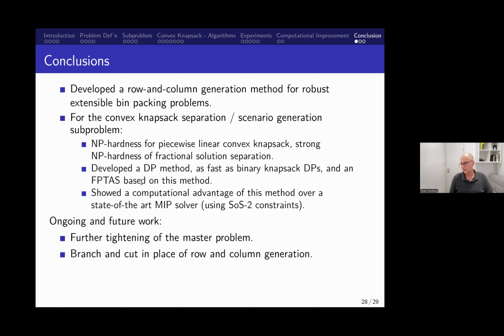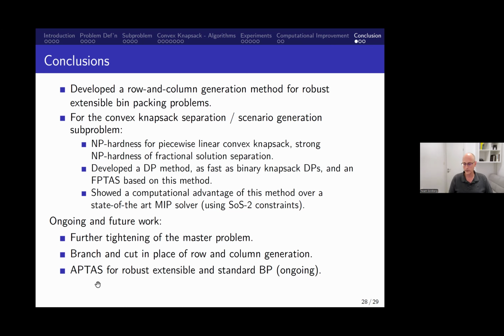We have future work that is both computational, and we have a parallel theoretical investigation of robust extensible bin packing that we're interested in and is ongoing, but we have some results there, like I said, about the formal aspects of the complexity of our version of budgeted omega uncertainty versus the original gamma budgeted uncertainty, and there are some key differences in terms of the complexity of the problem.